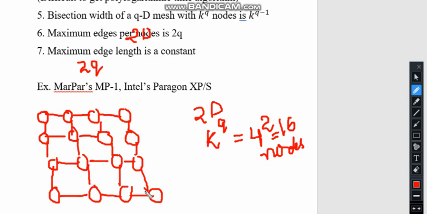Now, in my next session, I will explain what a wrap around 2D mesh network is.